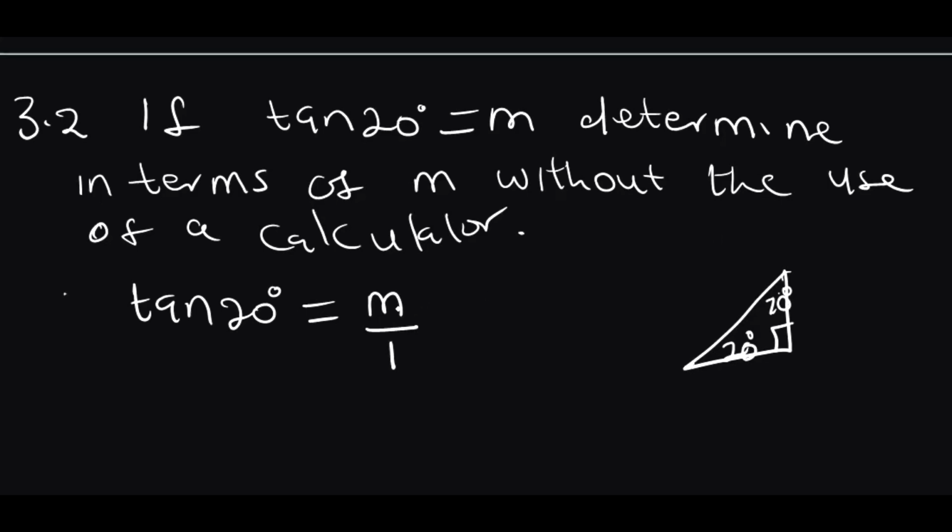Tan 20 degrees is m over 1: opposite is m, adjacent is 1. Then we need to calculate r using the theorem of Pythagoras: x squared plus y squared is equal to r squared.